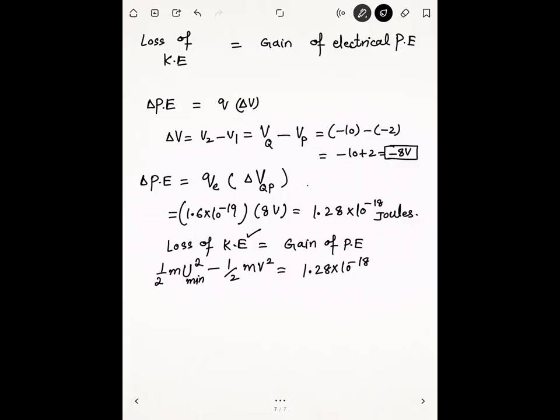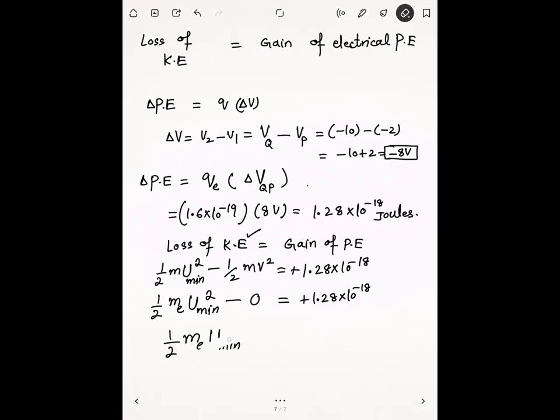So we'll have to keep both the sides as positive so that we can equate them. It would become 1 over 2 into mass of electron into U minimum square minus the final speed will be 0 because we have to calculate just enough speed. So it is plus 1.28 into 10 power minus 18. The answer to this part will become 1 over 2 times mass of electron into U minimum square.